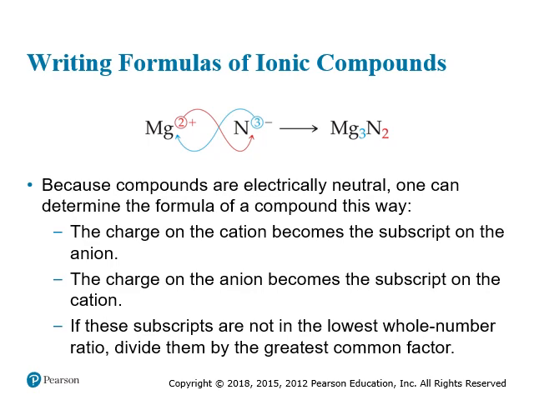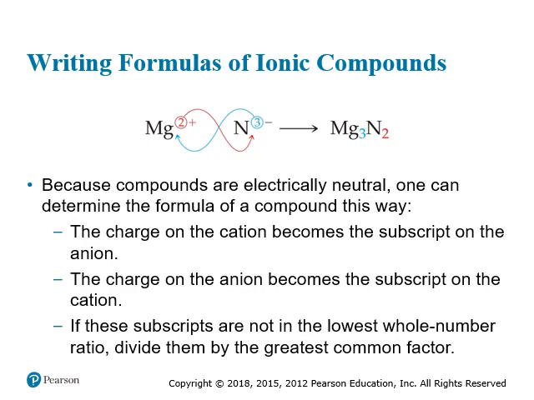Well, they can't do that in a one-to-one fashion and everybody be happy. One magnesium isn't going to be enough to make one nitrogen happy. So in order to figure out the formula for the resulting compound, in other words, how many magnesiums and how many nitrogens does it take to make a neutral compound, we use the method that is illustrated here.